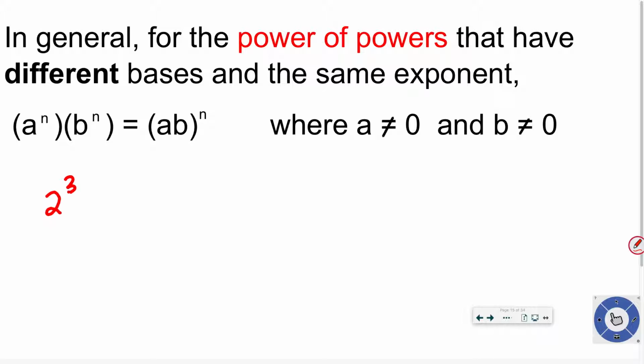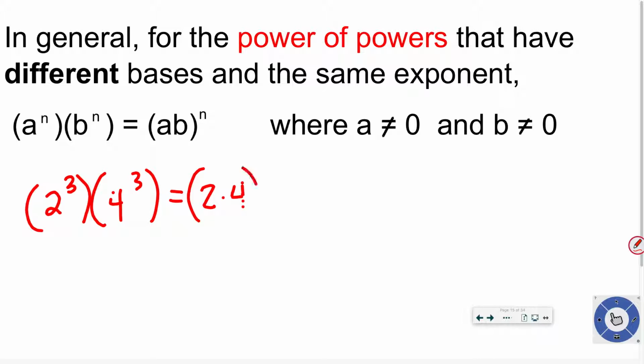If you had 2 to the third times 4 to the third, that's the same as 2 times 4 to the third. In the scenario here, you have a different base, but the same exponent. You can utilize the commutative and associative properties to regroup them. This would be the power of powers.